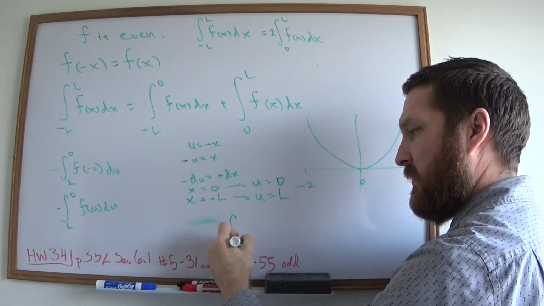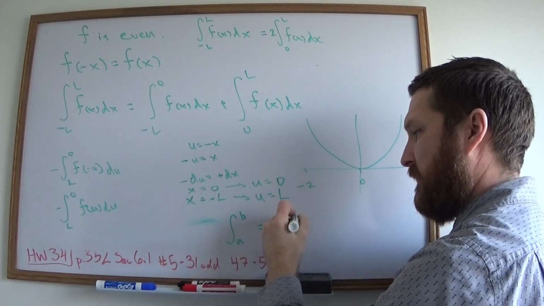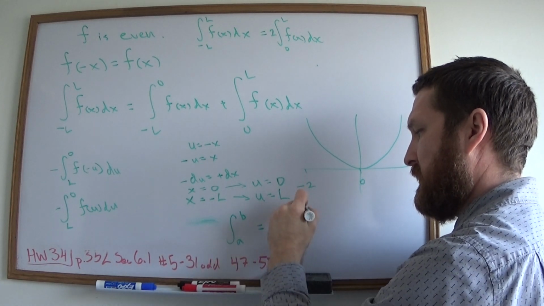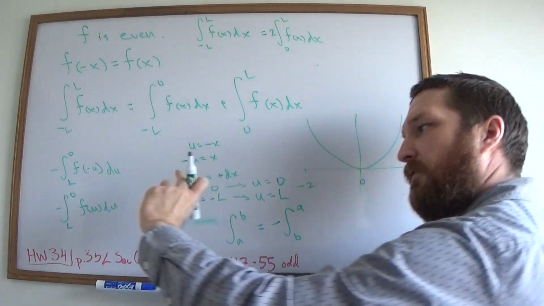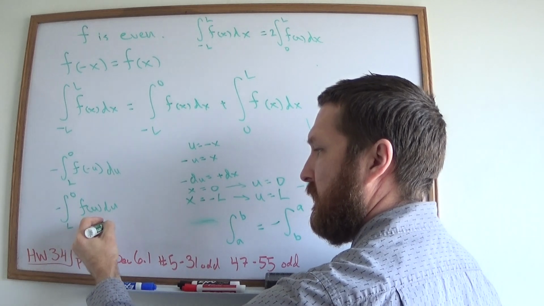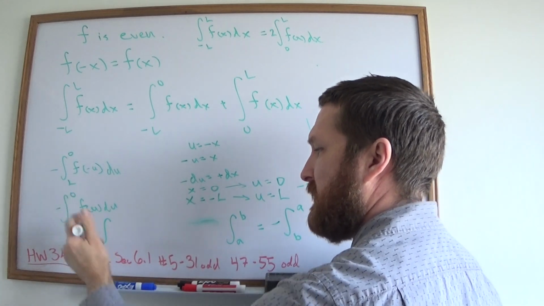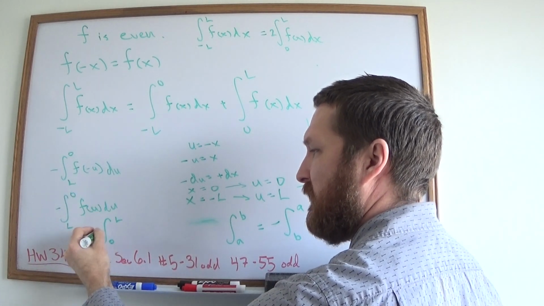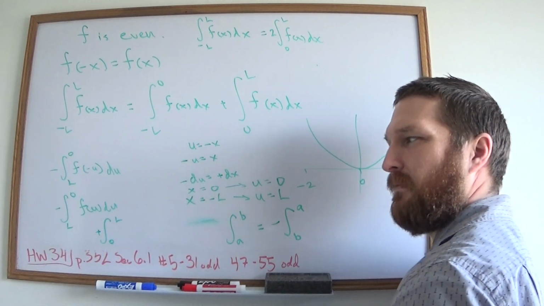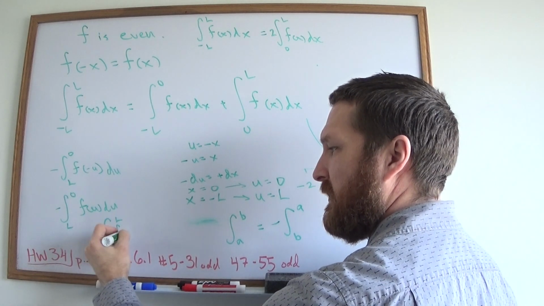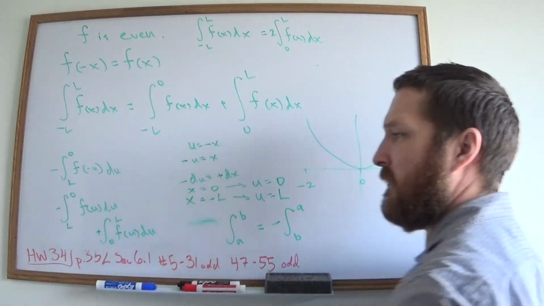Remember, if you switch these limits, you make it negative. So I could flip the integration. Instead of going from L up to 0, I go from 0 up to L, but I have to make it negative. But it was already negative, so I make it positive. So that's the same thing as f of u du.